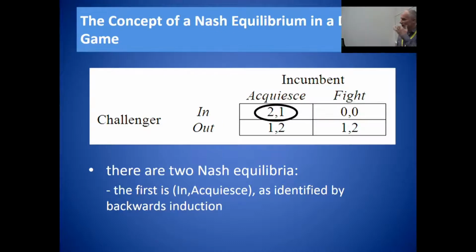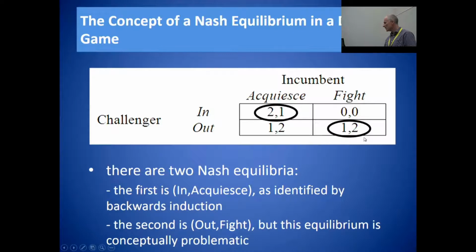And that one seems fine, that one seems plausible. But there is a second Nash equilibrium. This one here in the bottom right, where the challenger chooses to stay out and the incumbent firm chooses to fight. Now that, as we've set it up, is a Nash equilibrium. And up until this point, I've told you that a Nash equilibrium is a wonderful thing. That a Nash equilibrium is a plausible outcome.